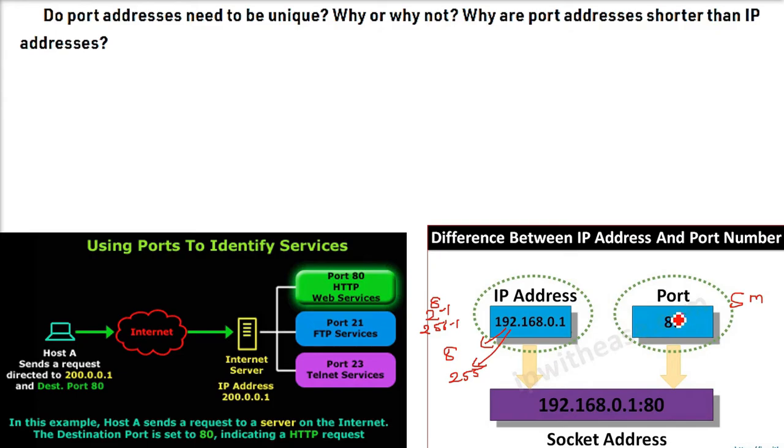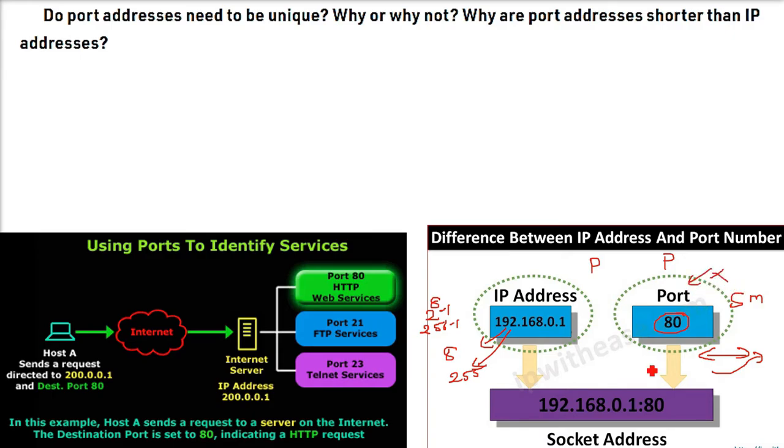For example, port is 80, which means you are talking to a web server. 80 is for HTTP. Whenever you are making a socket connection, there is a tuple, meaning two values you have to send or know: the port number and the IP address.